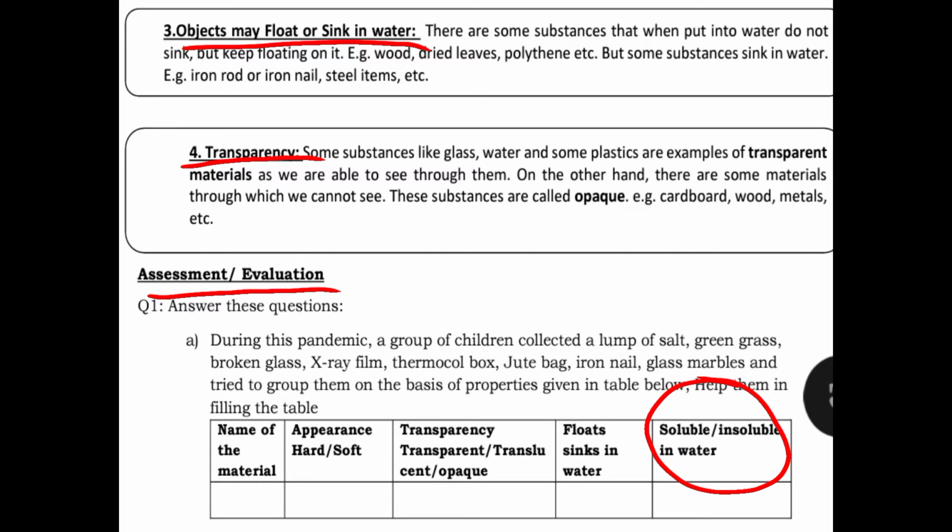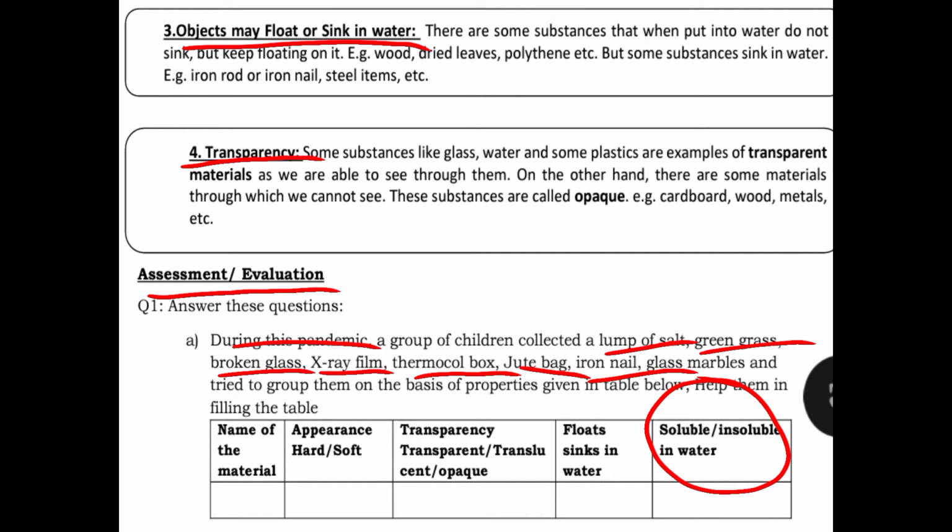Yesterday we also tried to answer this question. For example, you have collected some things like a lump of salt, green grass, broken glass, x-ray film, thermocol box, jute box, iron nail, glass marbles.